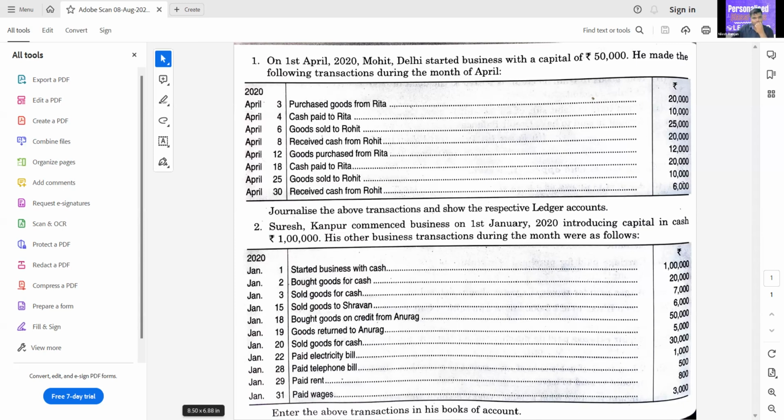Sold goods to Rohit. Yes, sir. One minute, sir. Rohit account, the sales account to Rohit account. Sales account debit to Rohit account. Yes, sir. It is not correct. Okay, so it is Rohit account debtor to sales account, sir.